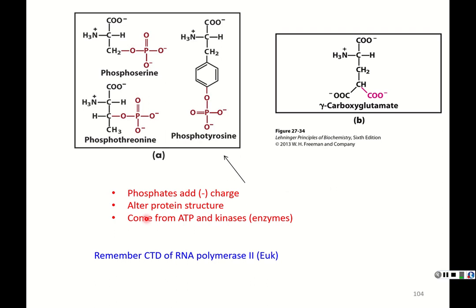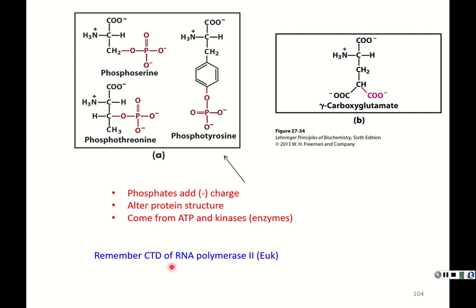These phosphates tend to come from ATP, and special enzymes called kinases, which we've talked about most specifically in cell signaling, chapter 12, add those phosphate groups. Okay. These phosphate groups can be added to activate the protein or to deactivate the protein, so both.